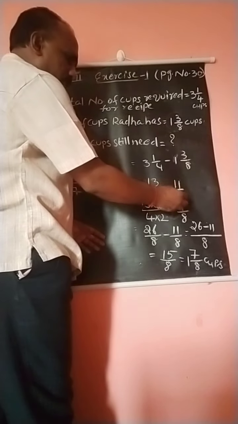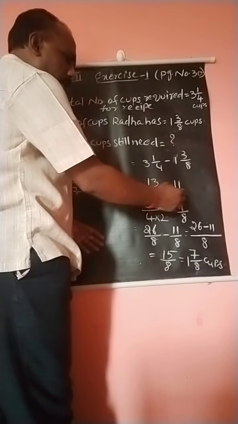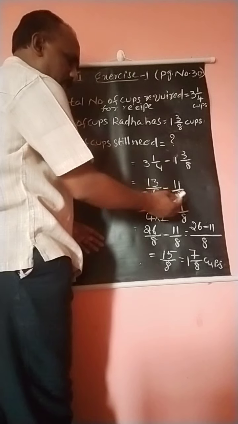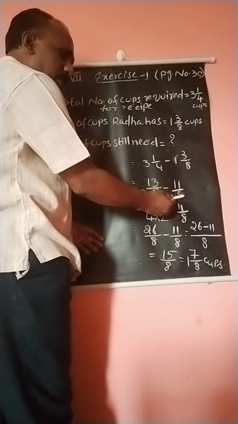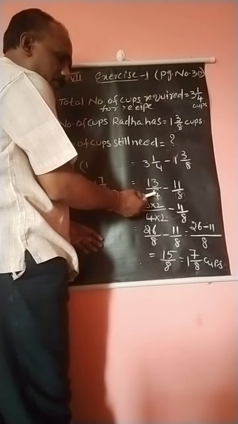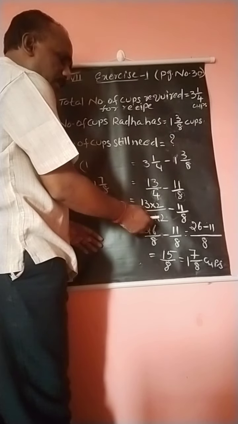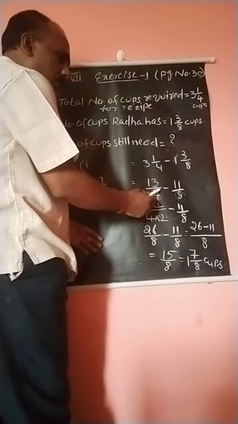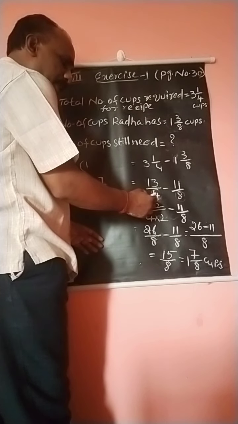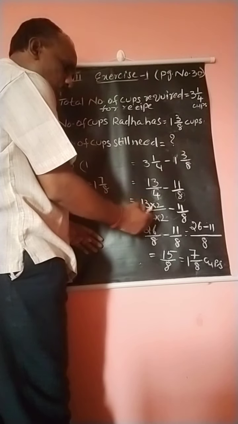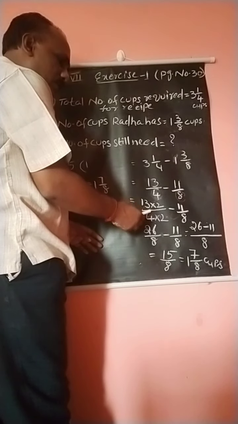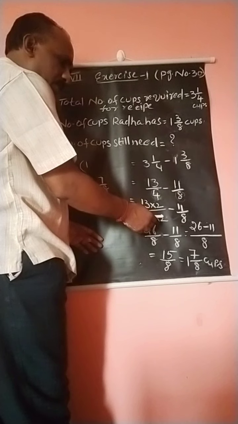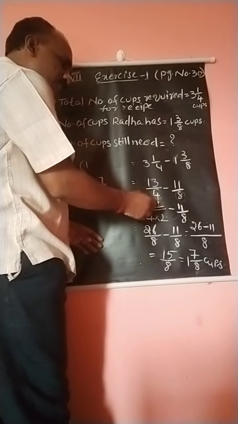Now here, very simple. These two are unlike fractions. Here 4 is there, here 8 is there. I will convert both into like fractions. Here 8 is already there; if I convert the 4 into 8, subtraction is easy. What number should I multiply 4 with? 2. By making equivalent fractions, whatever number the denominator is multiplied by, the numerator is multiplied by the same number.